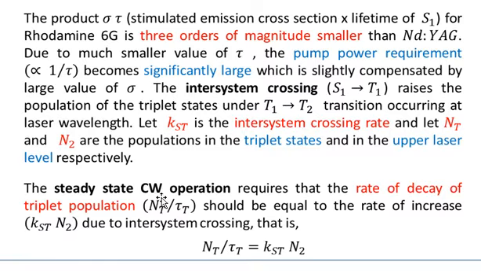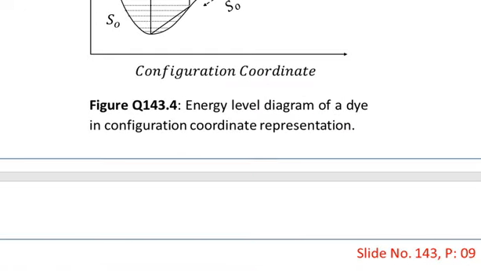Okay, so the steady state, which is continuous wave operation, requires that the rate of decay of the triplet population should be equal to the rate of increase given by the transition due to the intersystem crossing.